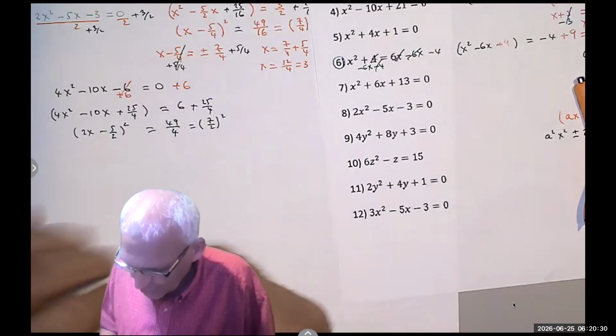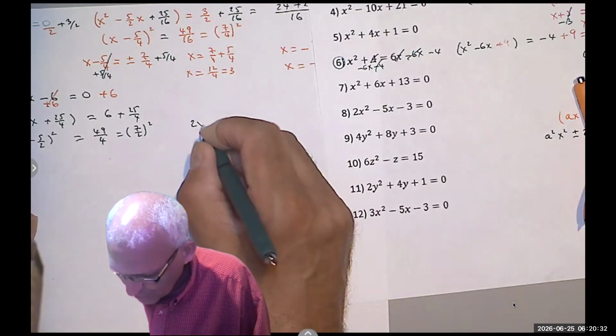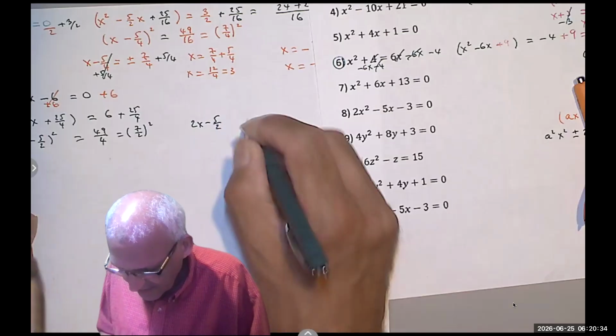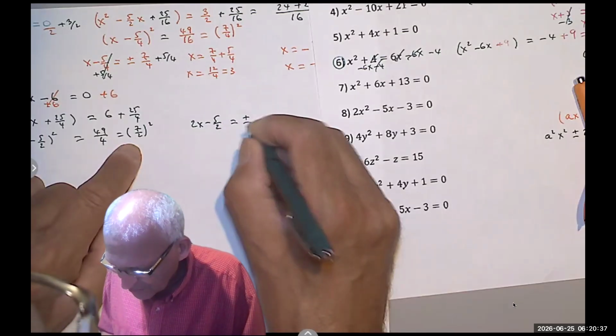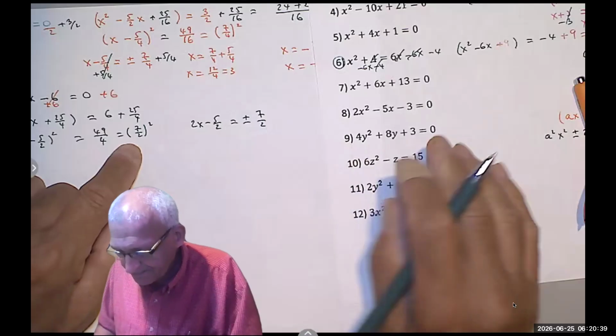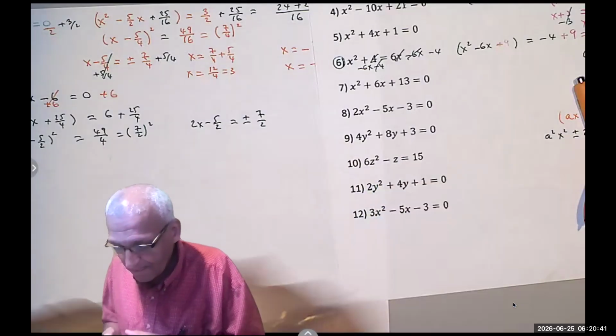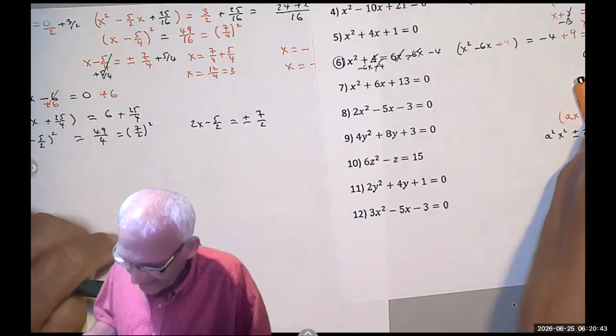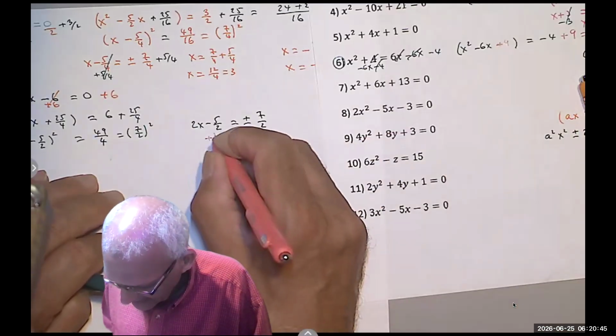So when I take the square root, the left-hand side is 2x minus 5 halves. The right-hand side is plus or minus 7 halves. So I'm going to add 5 halves to both sides.